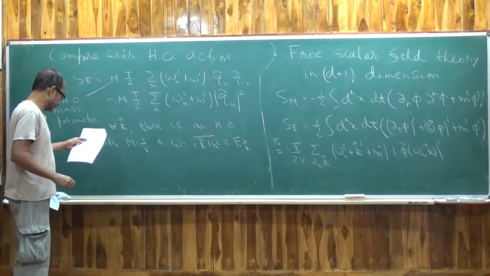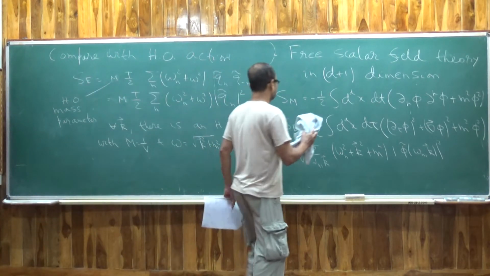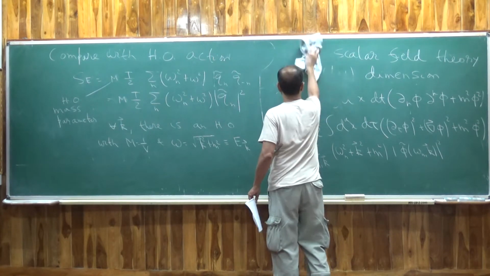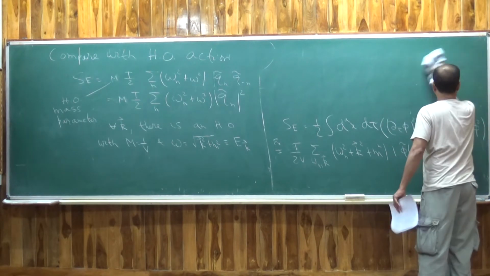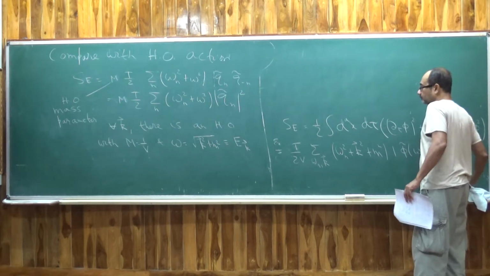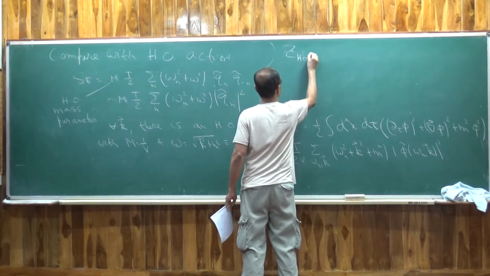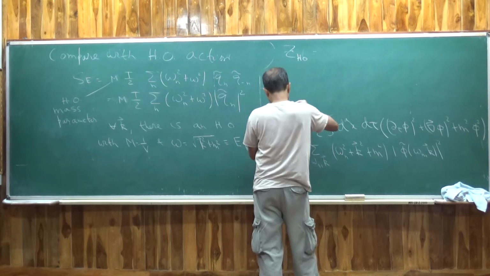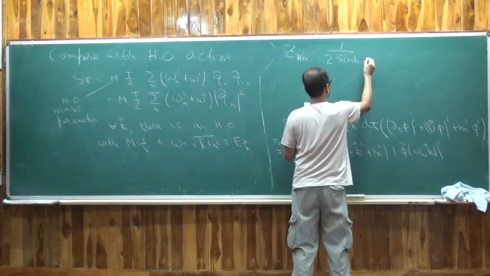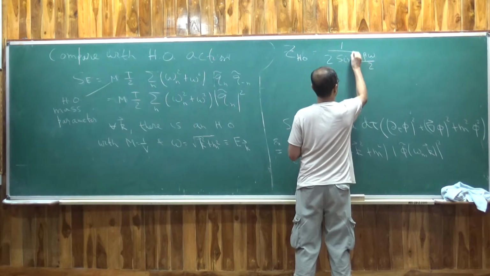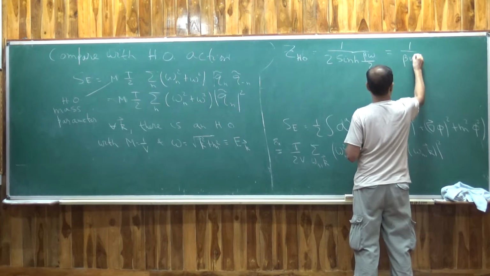So let me remind you that the formula for the harmonic oscillator partition function had two expressions. One is this, the other one was what we got from the path integral.